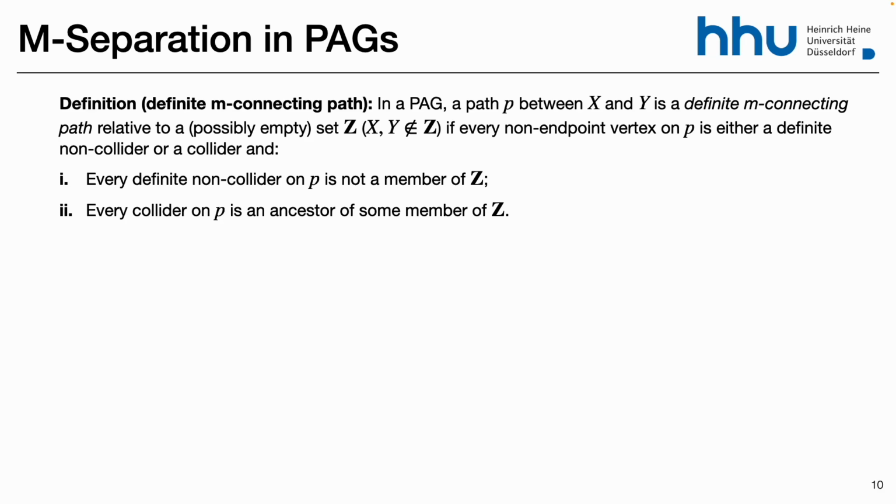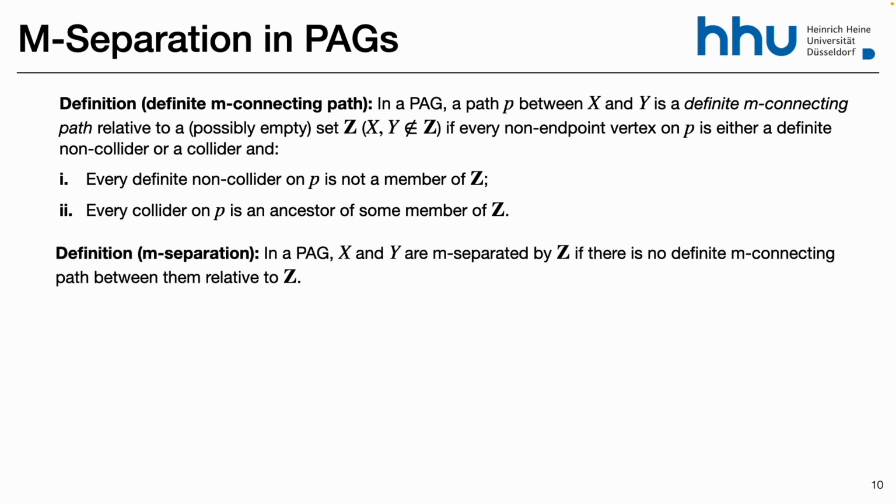The only thing that changes is that we are now only considering definite status paths, or paths such that all the triplets have a definite status, either a definite non-collider or a collider.